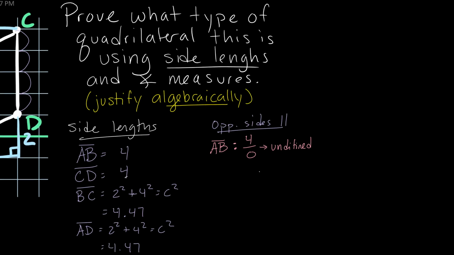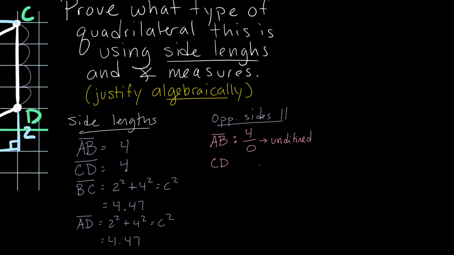And then let's find CD. Undefined. And the rise on CD is 4. And the run is? So our slope is?